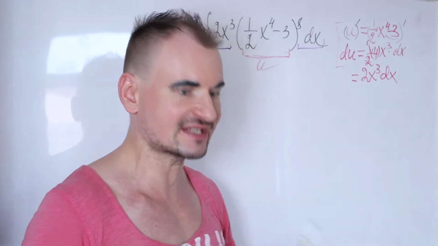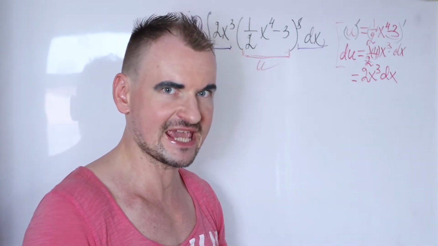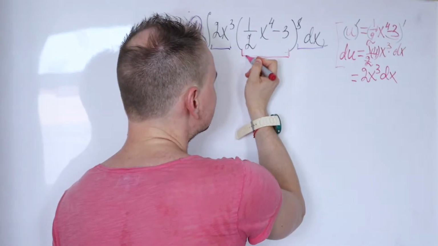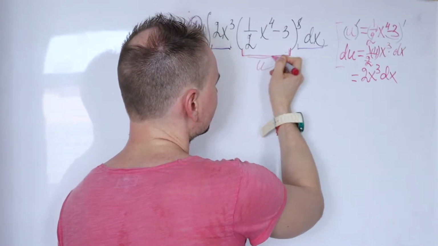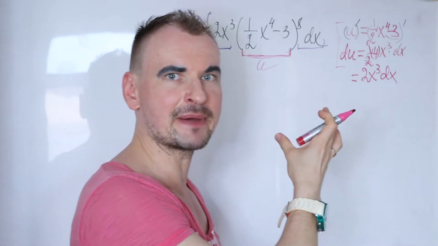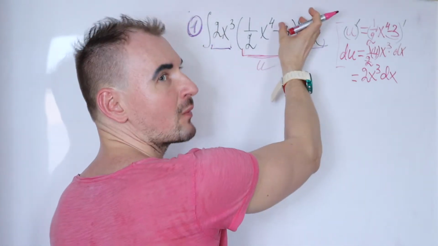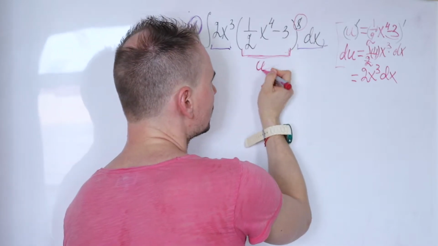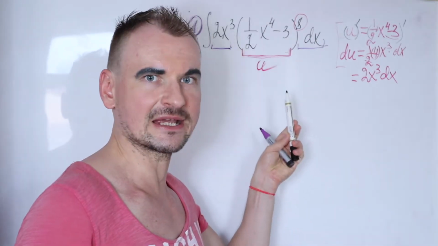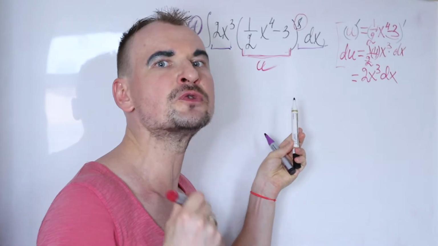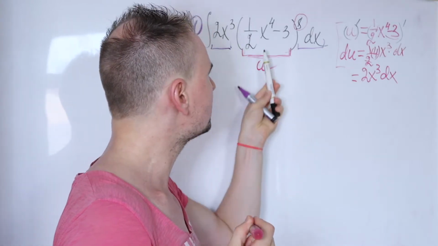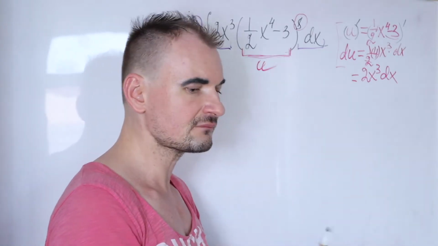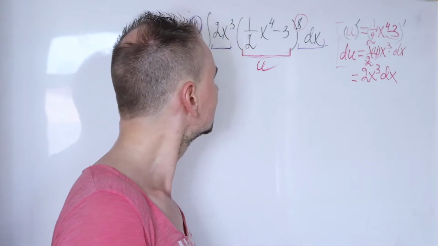We are ready to substitute. So again, instead of what we have inside the parentheses, inside the power, because the power you have outside, this is your u, so we make our new variable u to be this expression inside.